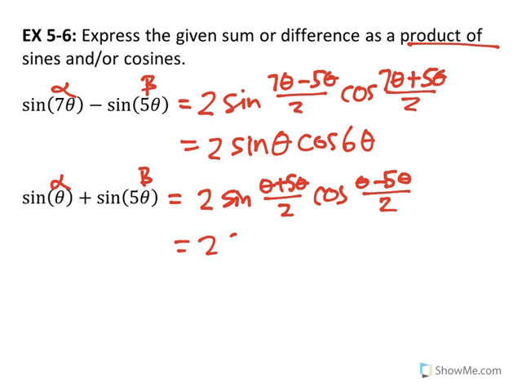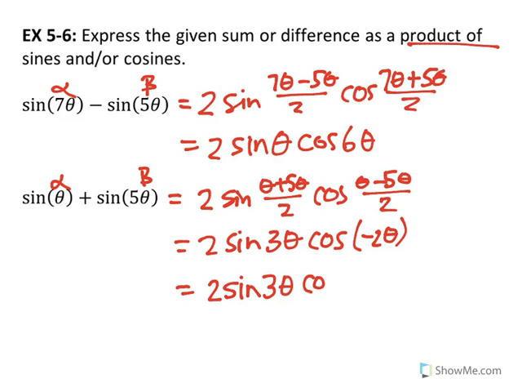So we get 2 sine of 6 theta over 2 reduces to 3 theta, and then you have cosine of negative 4 theta over 2, which is negative 2 theta, and then you're going to use your odd-even identities to rewrite that as cosine 2 theta.